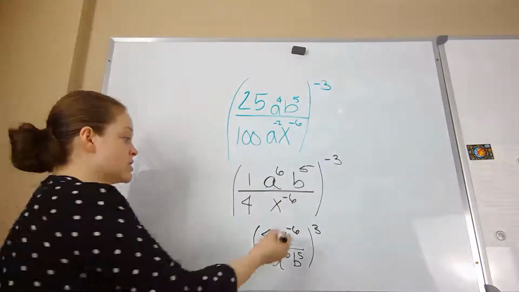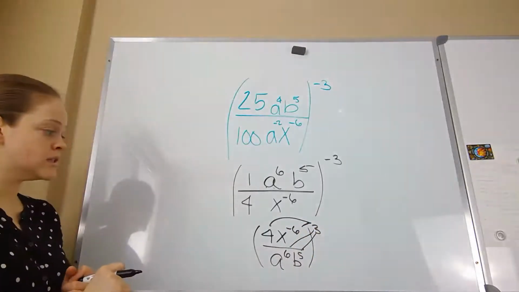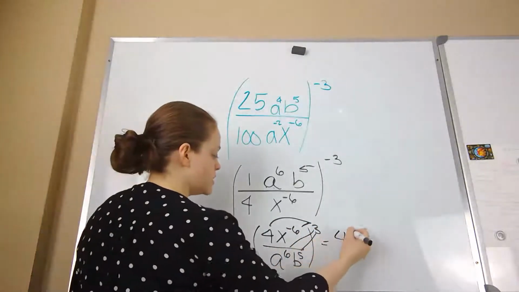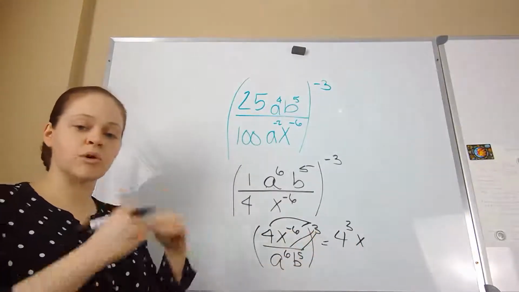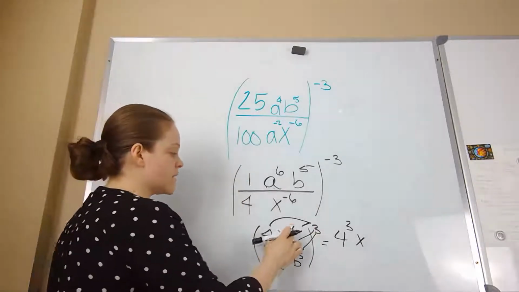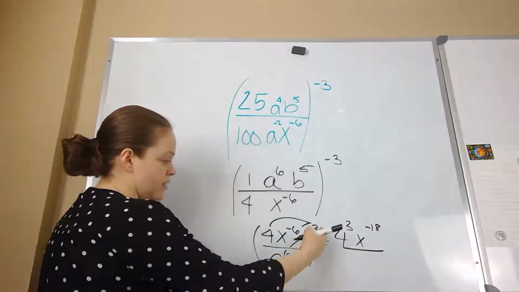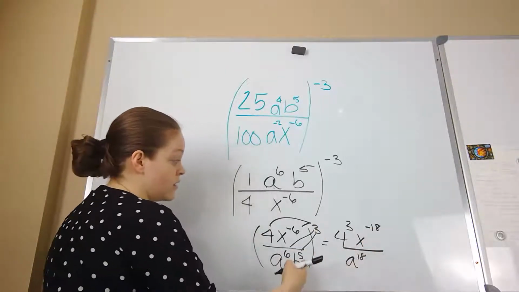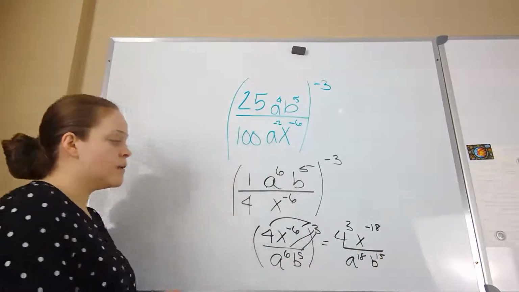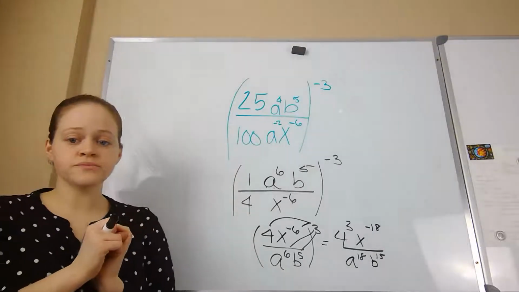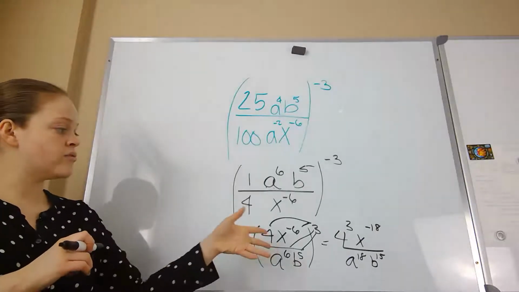So now we can just apply these in. It becomes 4 cubed, x to the negative 6 times 3, because it's an exponent to an exponent. So that's negative 18. And 3 times 6 is a to the 18. 5 times 3 is 15, so we get b to the 15. For your final answer, we have 4 cubed.